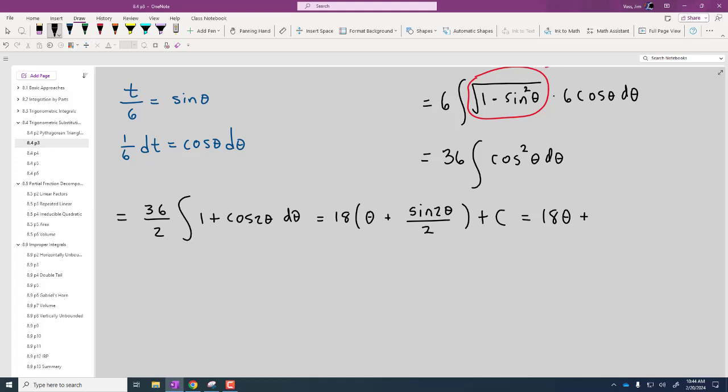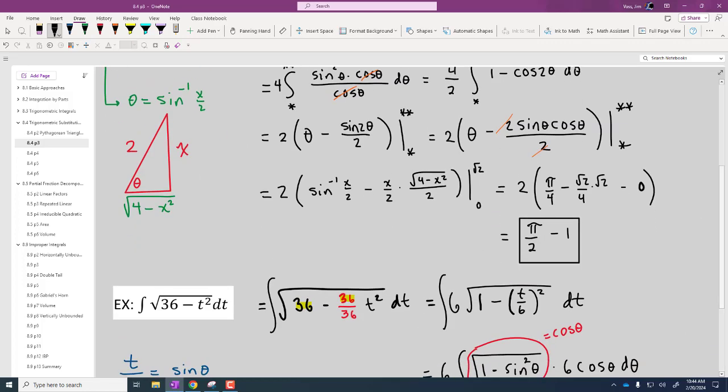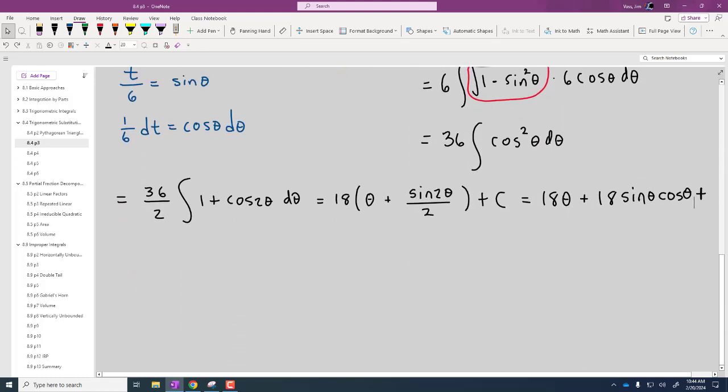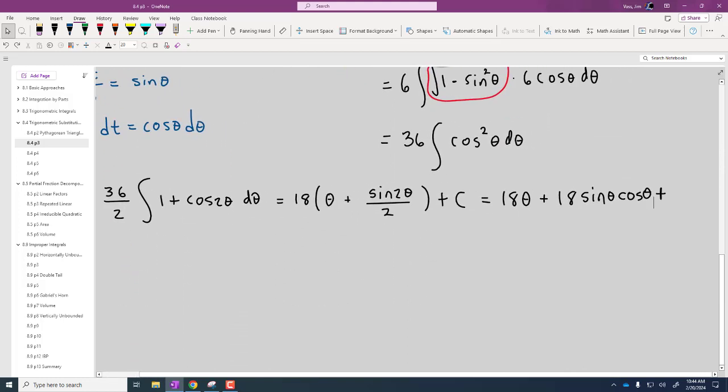So the 2's are going to cancel. That 18 is going to come over here, and we're going to have sine of theta cosine of theta plus c.